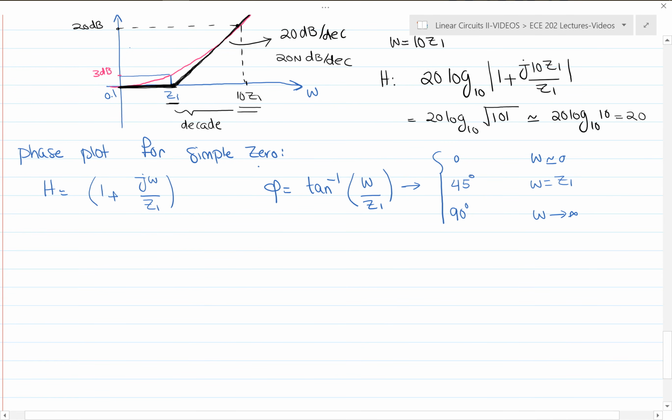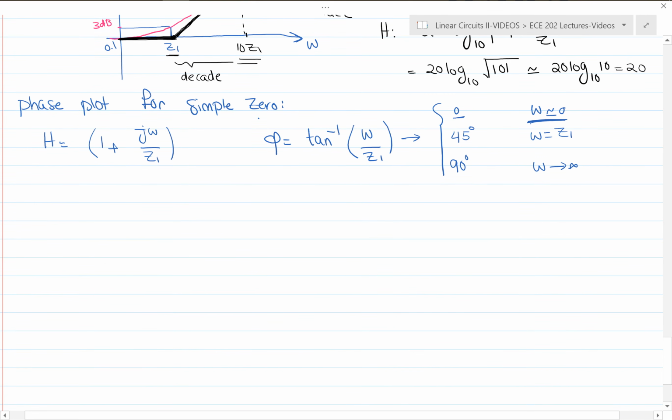Let's see until when these small values of omega give us the plot as 0. Let's say, for example, omega equal to 0.1 z1, so phi equals tangent inverse of 0.1 z1 over z1, correct? This is equal to tangent inverse of 0.1.